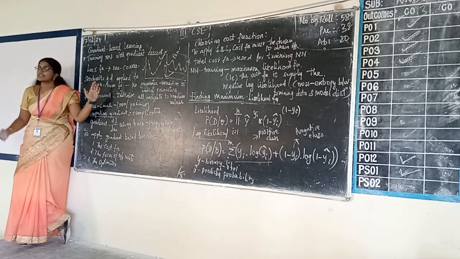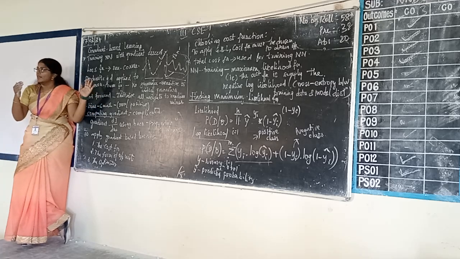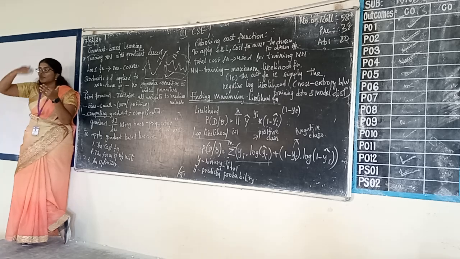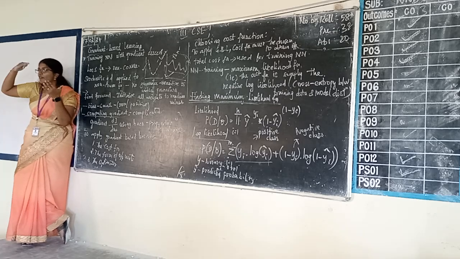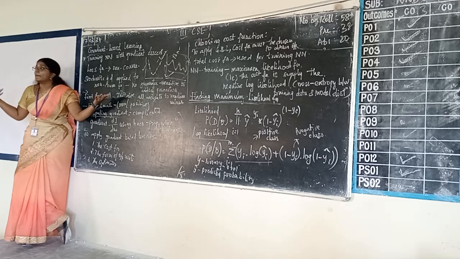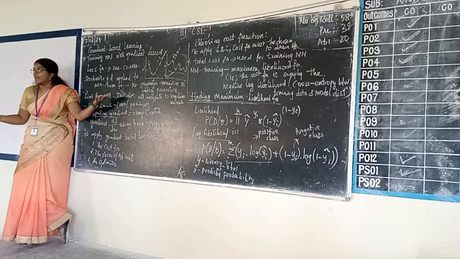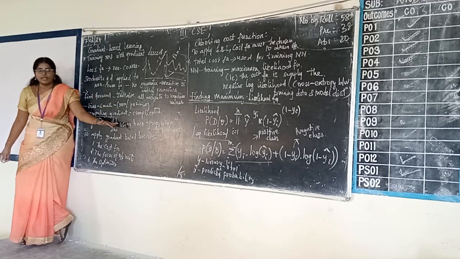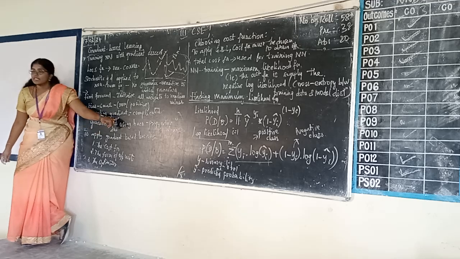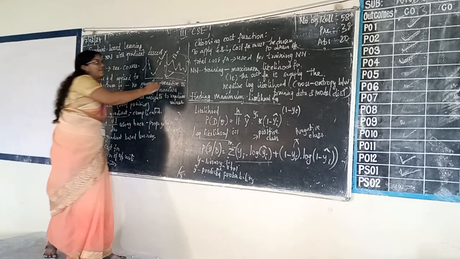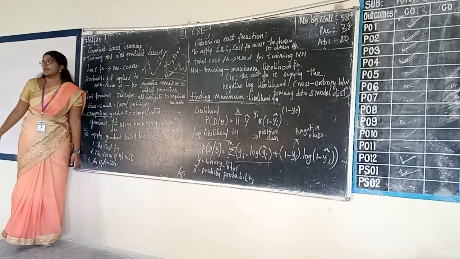By computing this you get one error value, then after finding the new intercept you get the next error value, and likewise you get a curve structure. It is not like that in non-linearity, where you have multiple minima.